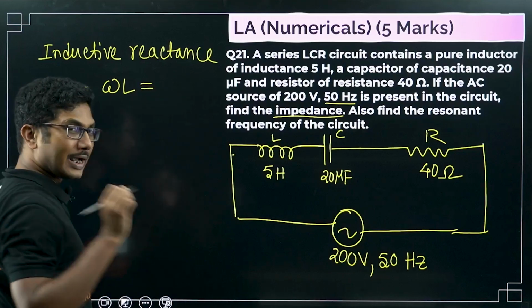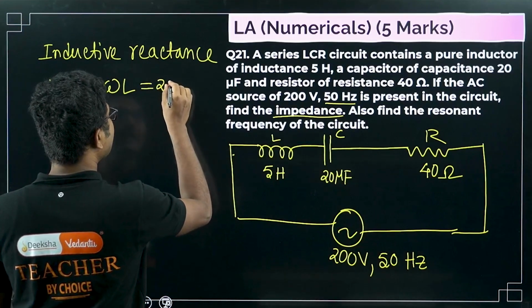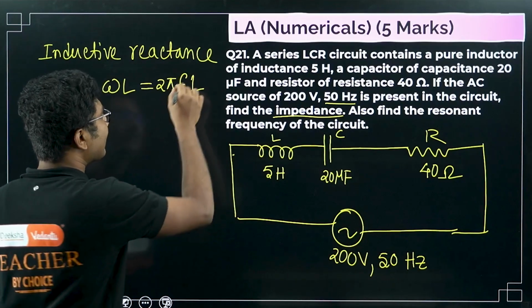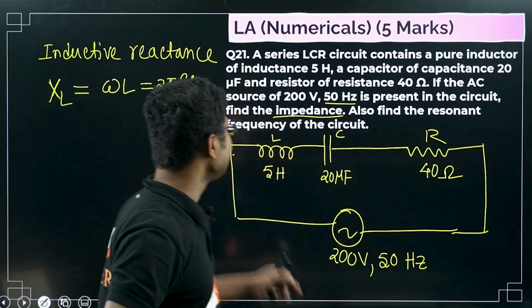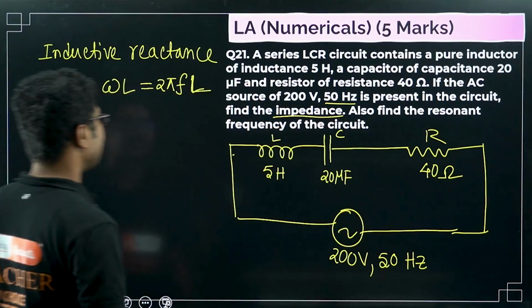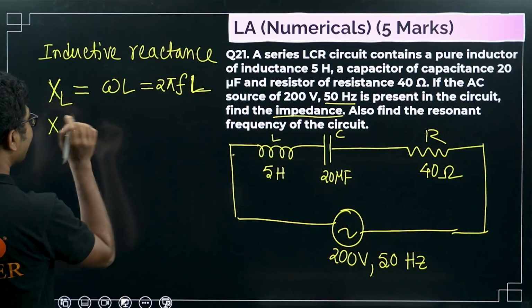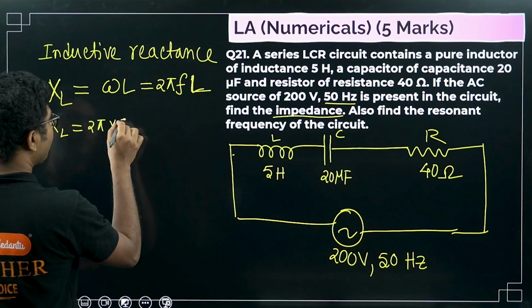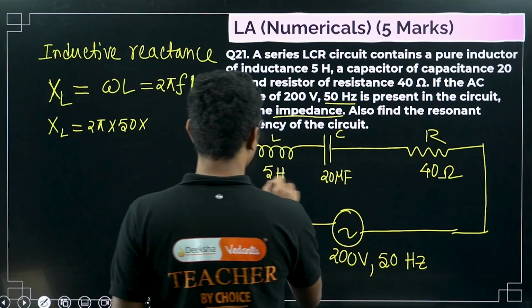We know that omega equals 2 pi f, where f is the frequency. So now we have converted our formula into the given value, that is in terms of the frequency in hertz. So let's put that value. We can calculate XL in the given question as 2 pi, f is 50 hertz, and L is given 5 Henry.